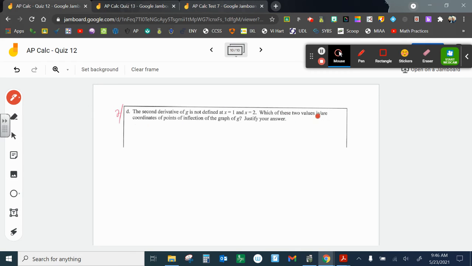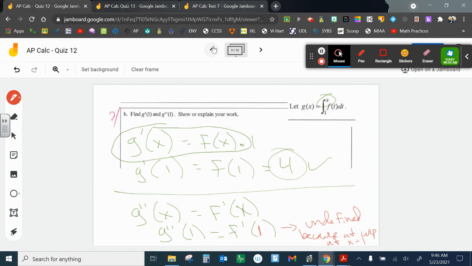It says which of these two values is or are coordinates of points of inflection of the graph of g. So what I want to do is find where my relative max or relative min is. Let's look at this whole thing.